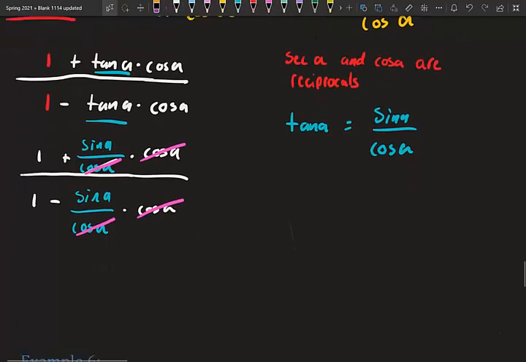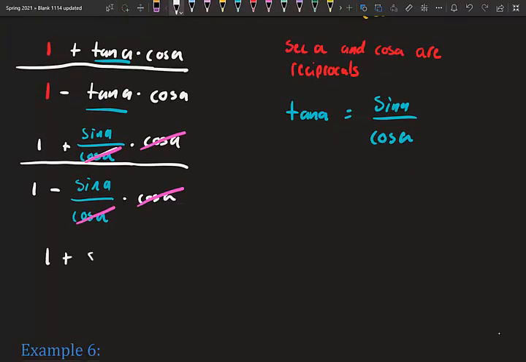What we're left with now is 1 plus sine A over 1 minus sine A.